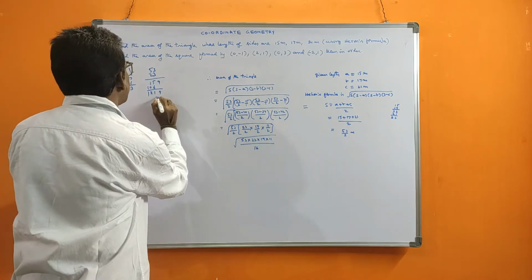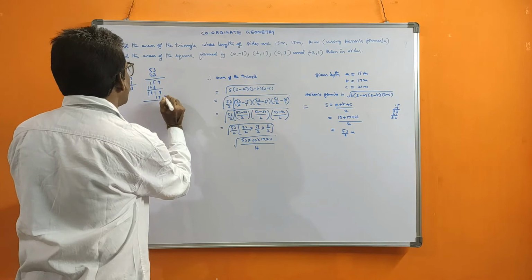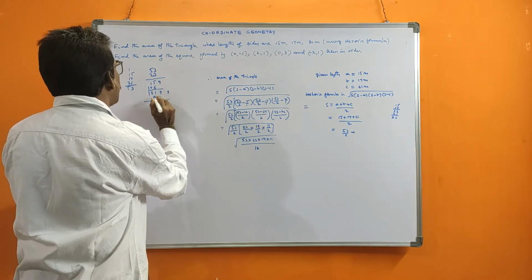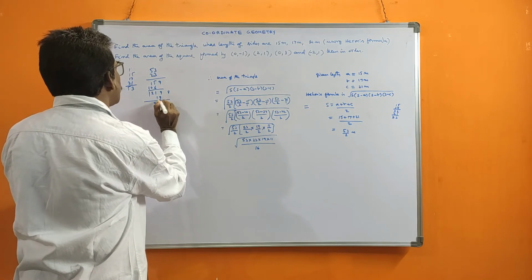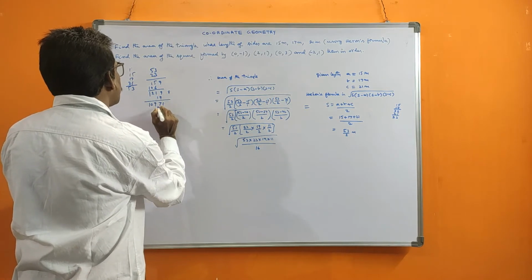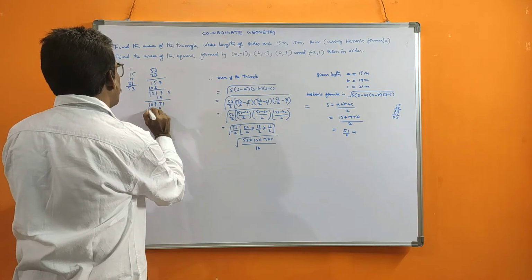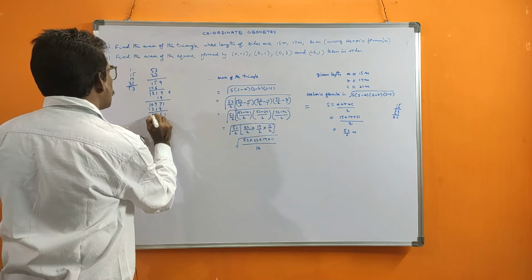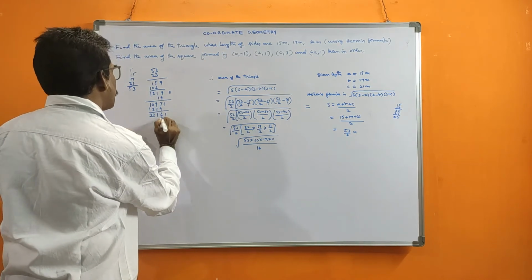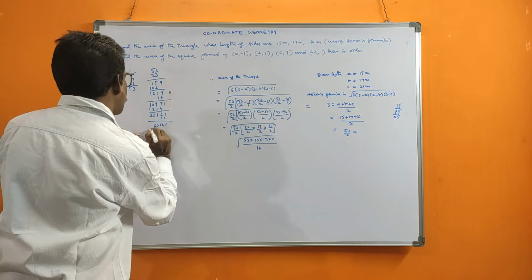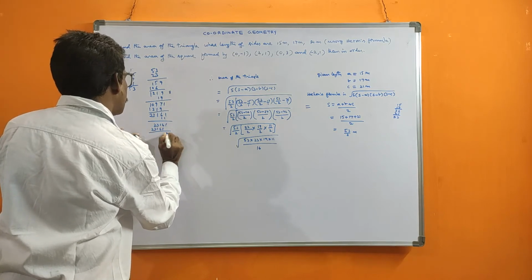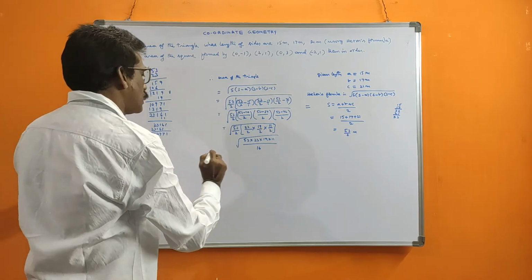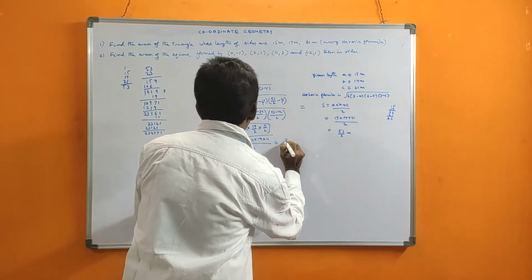This with 19: 9 9s are 81, and so on. Last with 11: 23 161, 254,771. This equals 254,771 by 16 under root.